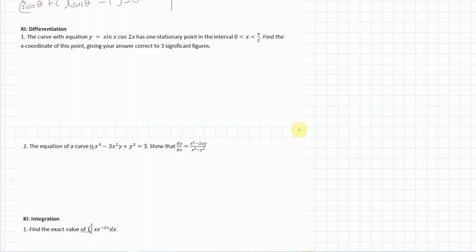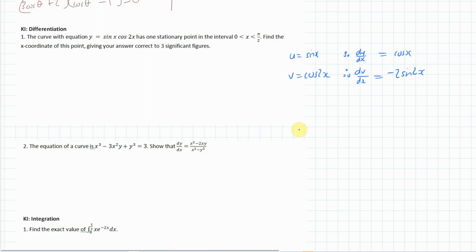So we'll say u equals sine x, therefore du dx is equal to cos x, and we've got v equal to cos 2x, therefore dv dx equals negative 2 sine 2x. Alright, now we're ready to put this into our formula.